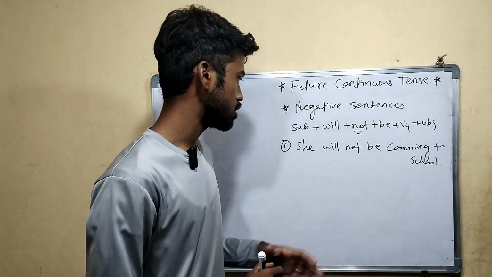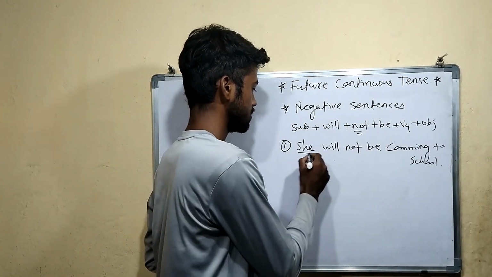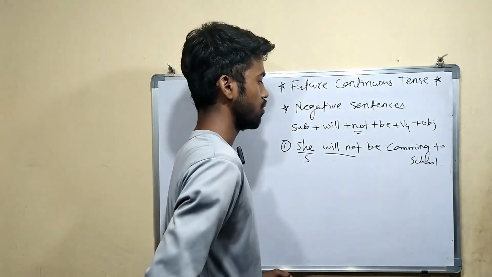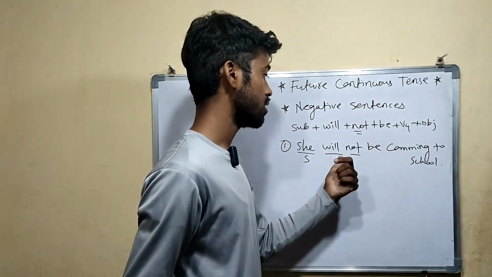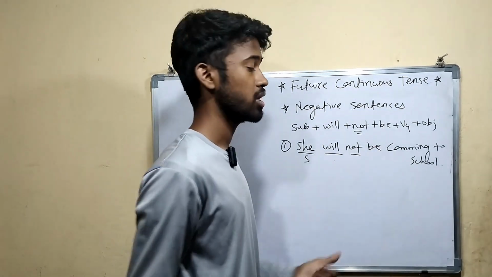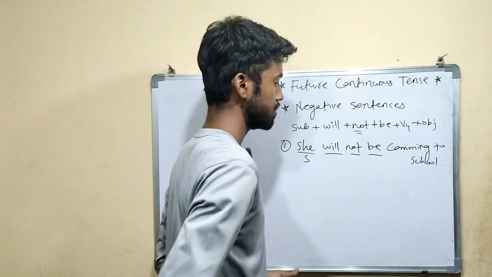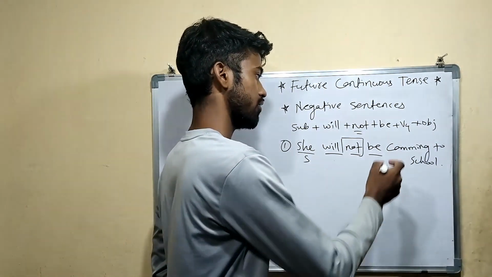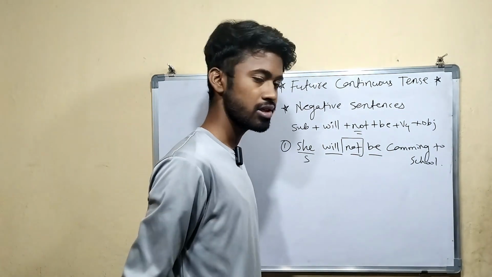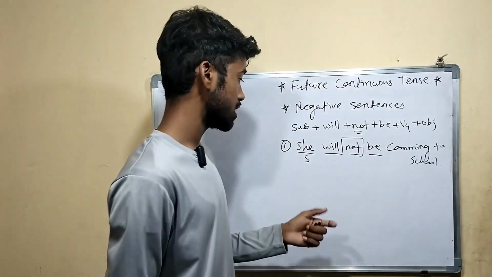So here, this is subject, this is will, and after that not, in between will and be. Be is there and this is not. This part is important. After that first form of verb and remaining part is object. So it is very easy, right?